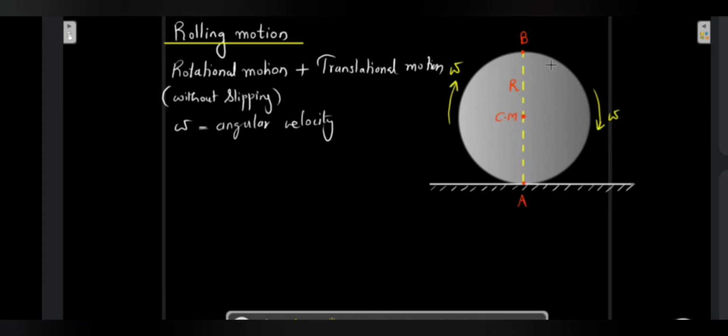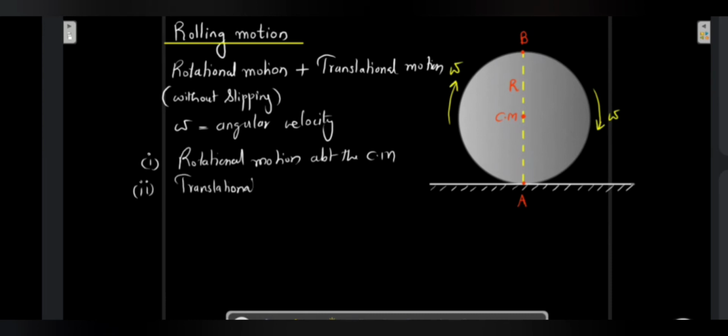So when this rigid body is going to roll over a smooth horizontal surface, it is going to have two kinds of motion simultaneously. The two types of motion are, number one, the rotational motion about the center of mass, that is about the axis of rotation, and second, the translational motion of the center of mass.